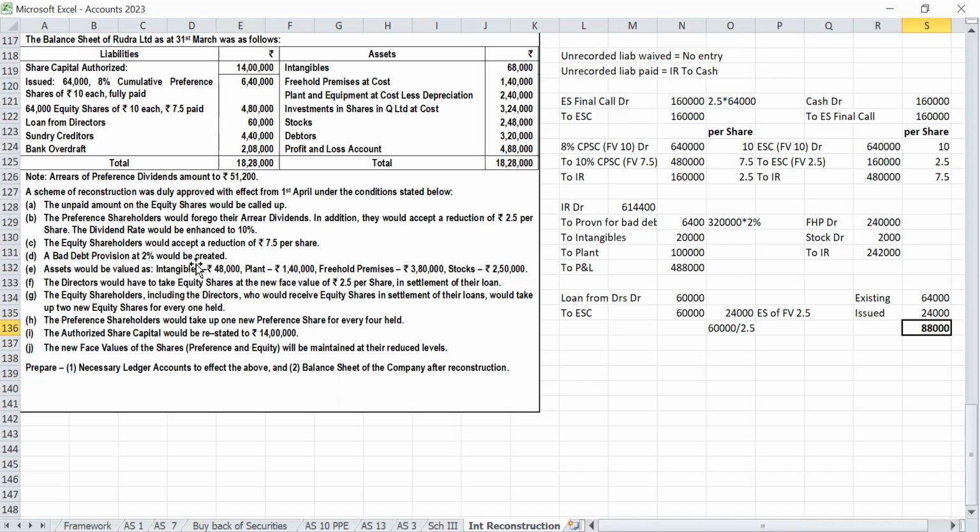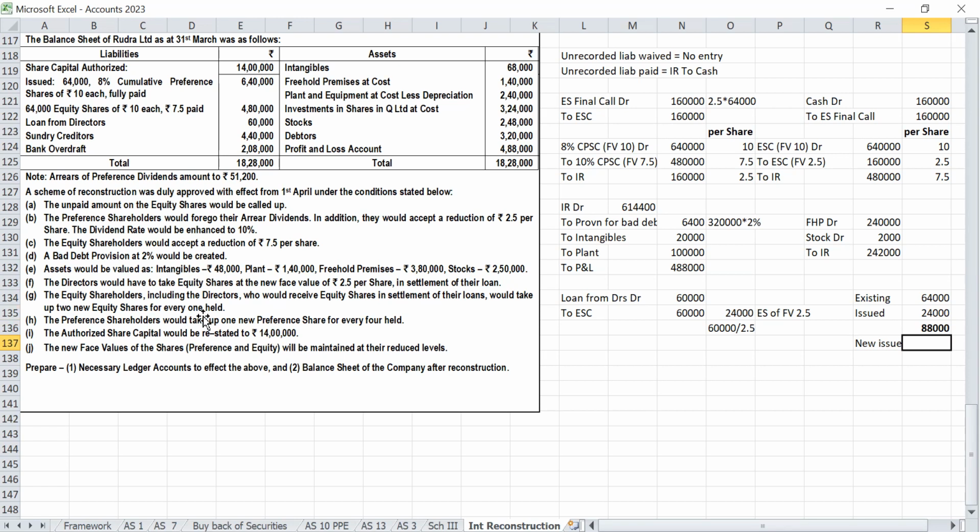The equity shareholders, including the directors who received equity shares in settlement of their loan, would take two new equity shares for every one held.